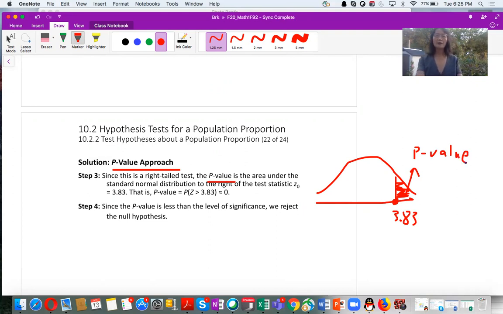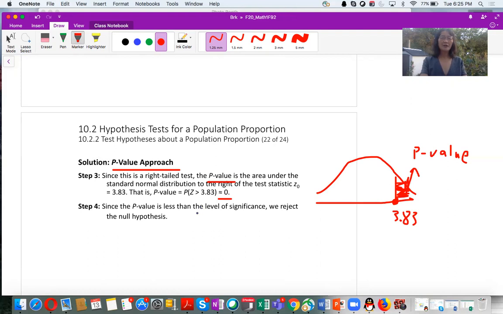Remember, the normal distribution table tells you, given a z-value, the area to the right or left of the z-value. And so we found the p-value is almost zero. This area is almost zero.